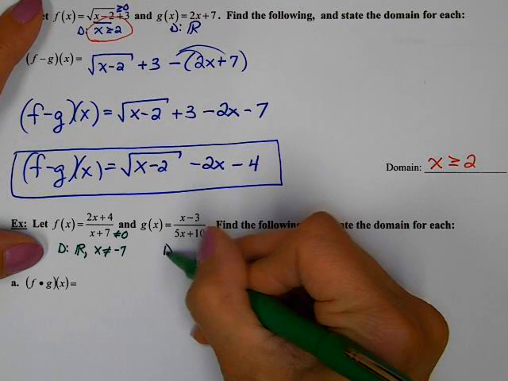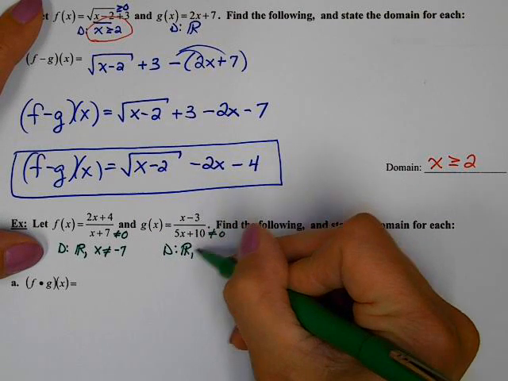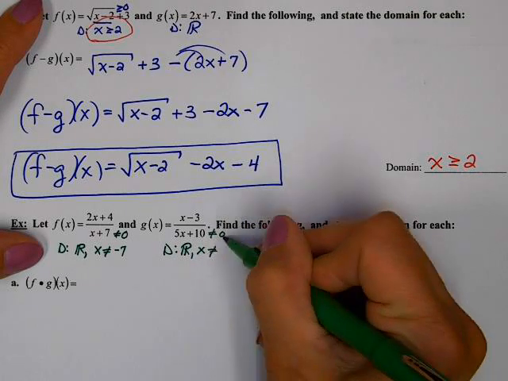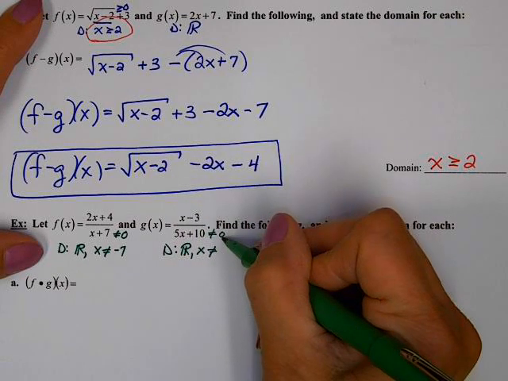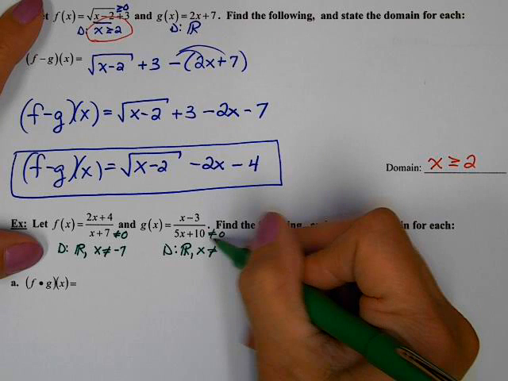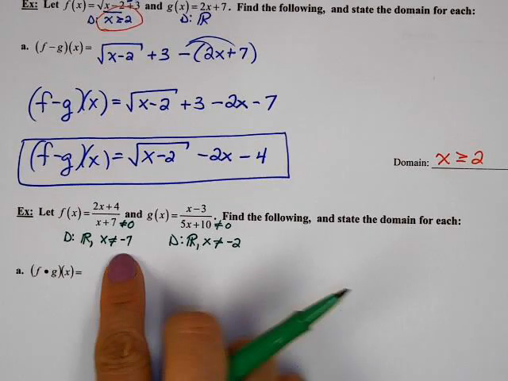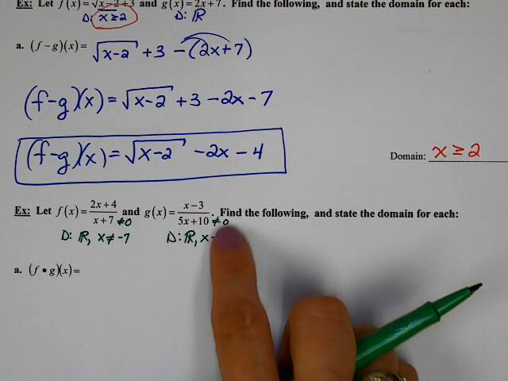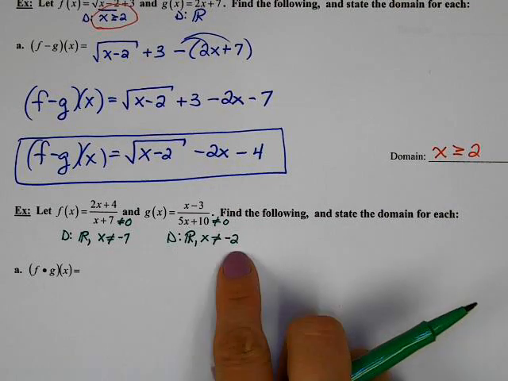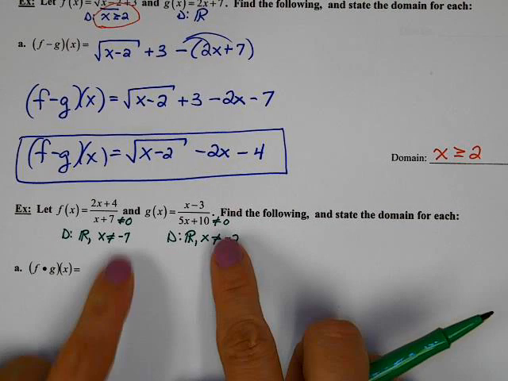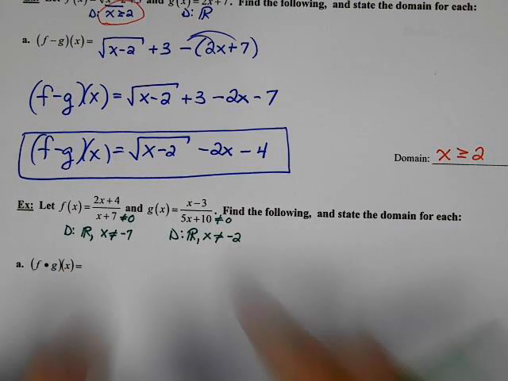And g is all reals except x cannot equal the number, move it over, -10 divided by 5, negative 2. So f will work with all numbers, just not negative 7. G will allow all numbers except the number negative 2.